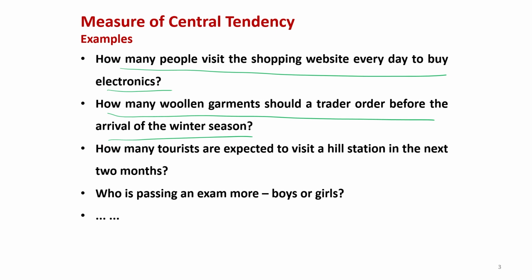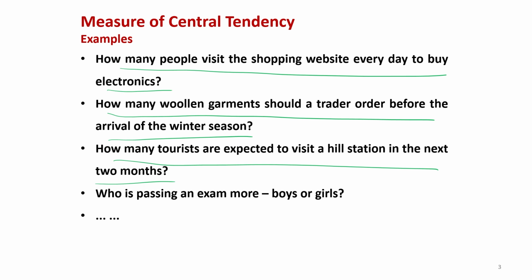and based on that the trader can order the woolen garments for the next year. Right. Similarly, if the tourism department of a hill station wants to know how many tourists are expected to visit the hill station in the next 2 months, based on that they are going to make different types of arrangements, right. So, now if they collect the data from the past and come to know that in these many days these many tourists arrived in the hill station, it may not really help them.